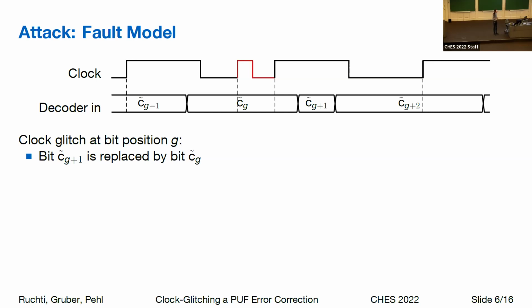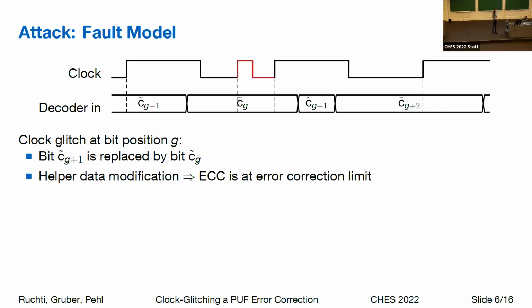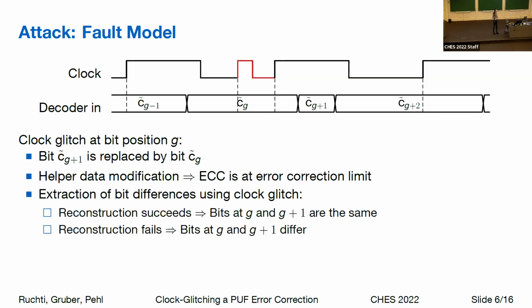It's still an error correcting code, so it's not going to do much. So we use helper data modification to insert additional bit flips, bring the decoder right to its error correction limit, and then that single bit flip will make a difference. If we now observe that the reconstruction fails, then we know that these two bits have been different originally.